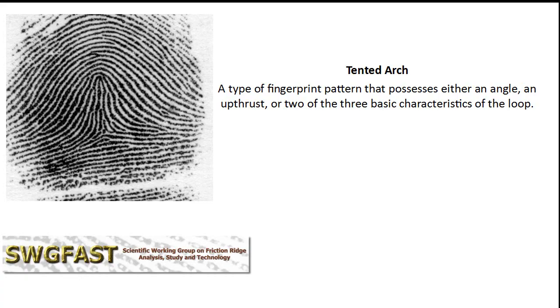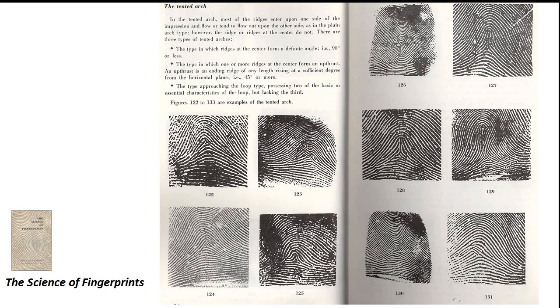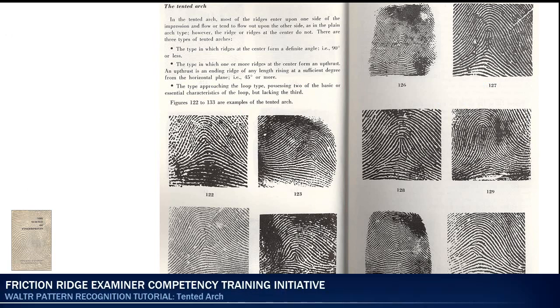And then probably the most revealing, or the most important, and certainly the most accurate, was the science of fingerprint terminology that I went over. And this is the manual that was actually used for Henry classification. And I tried to discuss and explain the upthrusts and the angles of tented arches.